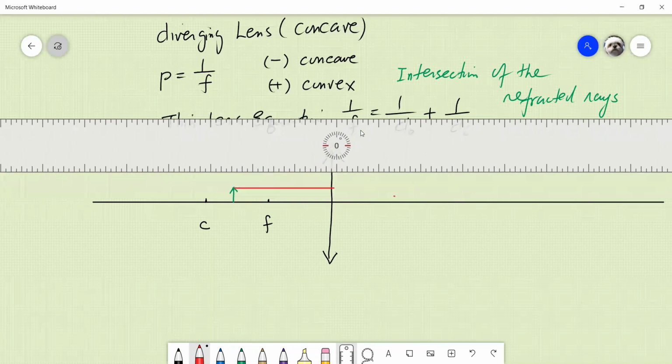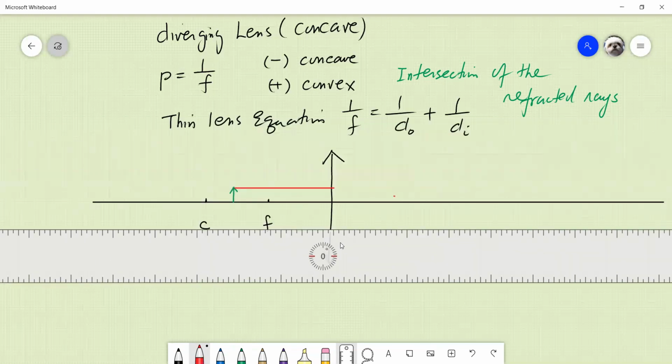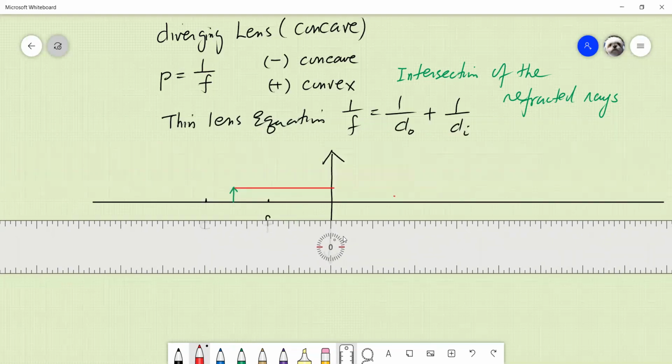Let me draw this. Now I'm gonna erase this. 6 units, right? So I'm gonna use the black. Okay, 1, 2, 3, 4, 5, 6 here. So 1, 2, 3. Okay.